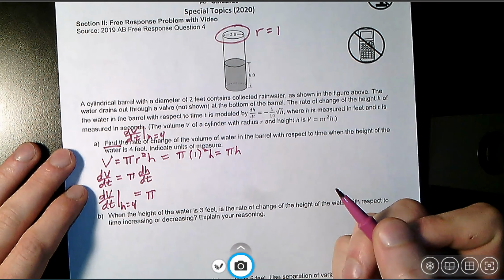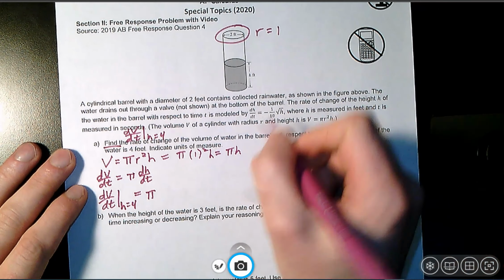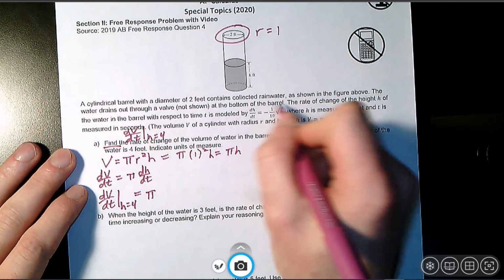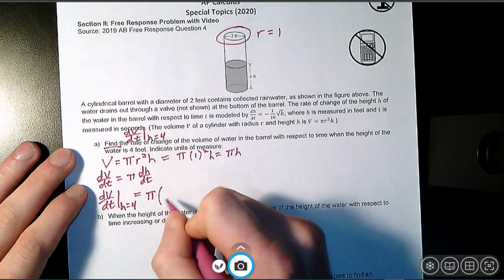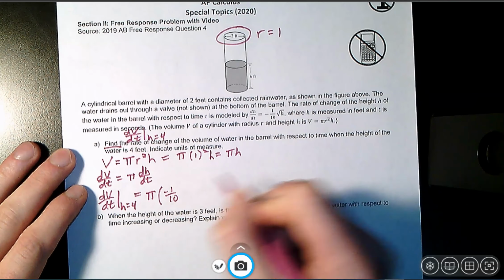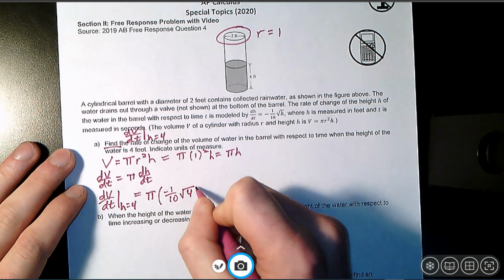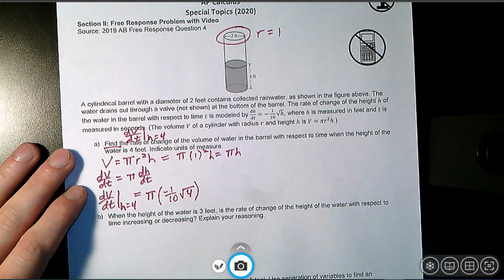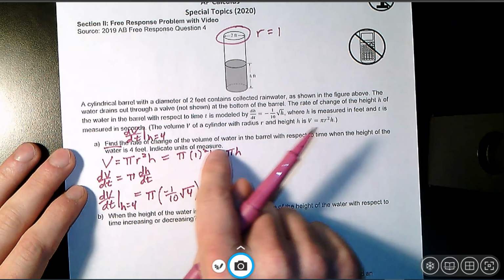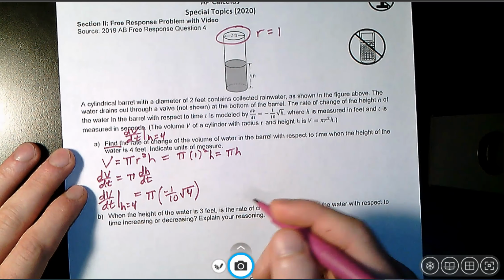What is dh/dt going to be? Well, dh/dt, they tell me right here, is -1/10 times the square root of h. Well, h is 4, so that's going to be the square root of 4. I'm on the free response, so I'm not even going to worry about simplifying that at all. I am, however, going to worry about this last little bit that says indicate units of measure. Better tell you what the units of measure are.